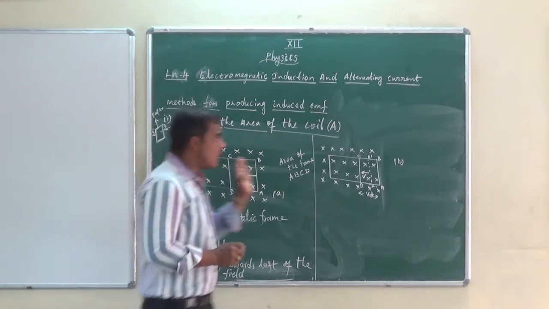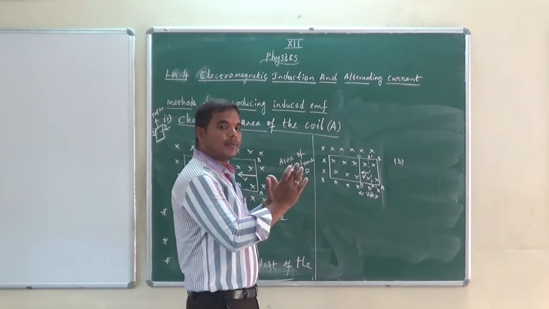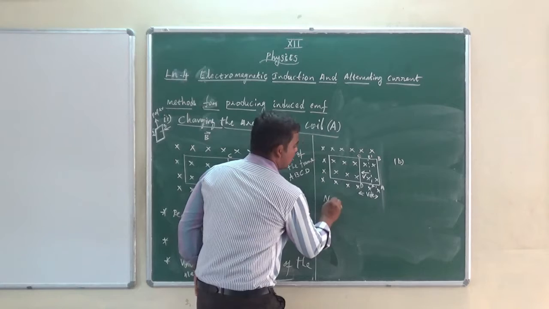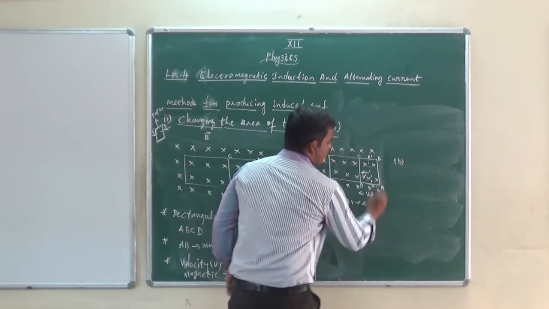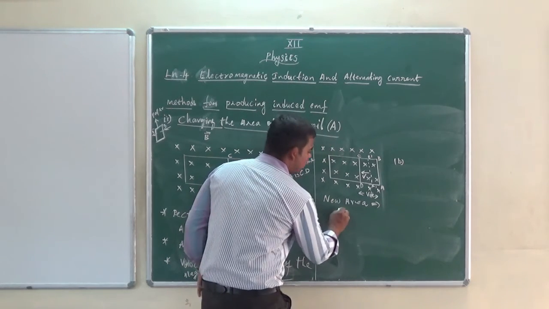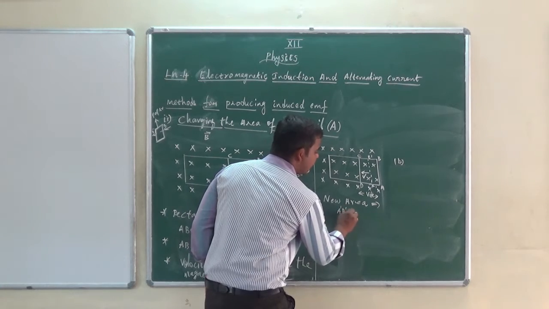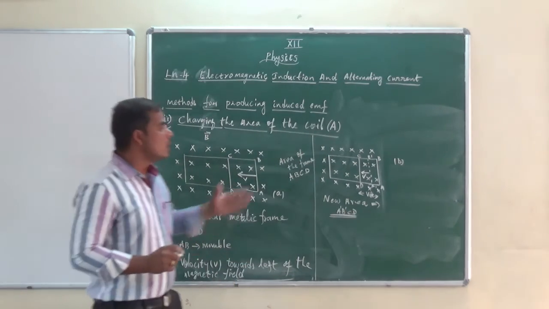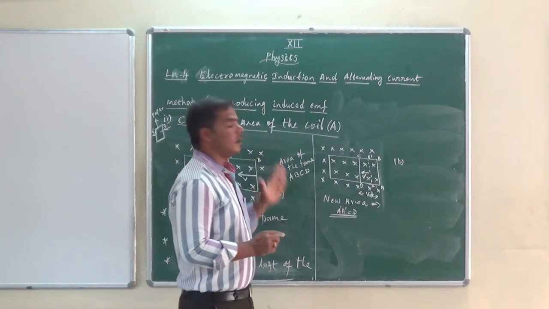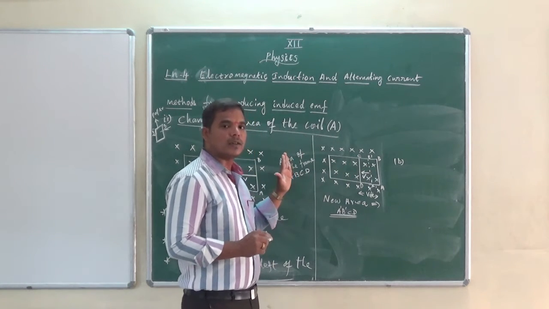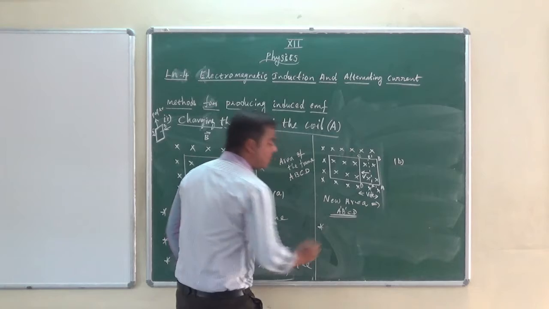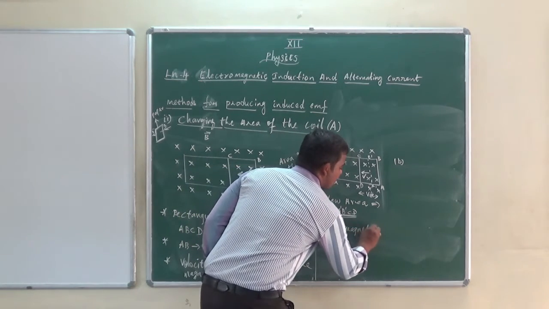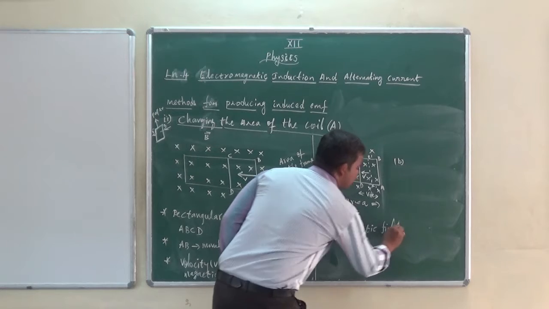Next, when we move the frame towards the left of the magnetic field, the new area is A dash, B dash, CD. This is the new area, which means it is changing. When I move the frame a certain distance, the magnetic field linked is going to decrease.